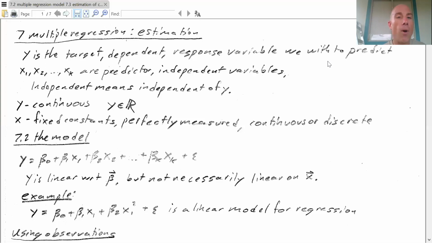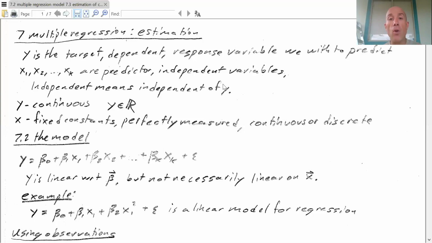All right, now for us, y is always a continuous variable, so it's a real number. We're keeping it real. So we're not doing something like Poisson regression or logistic regression. We're not that far along yet. The x's are fixed constants, and they are perfectly measured, and they can be continuous or discrete. Something very important about this is that they're constants.